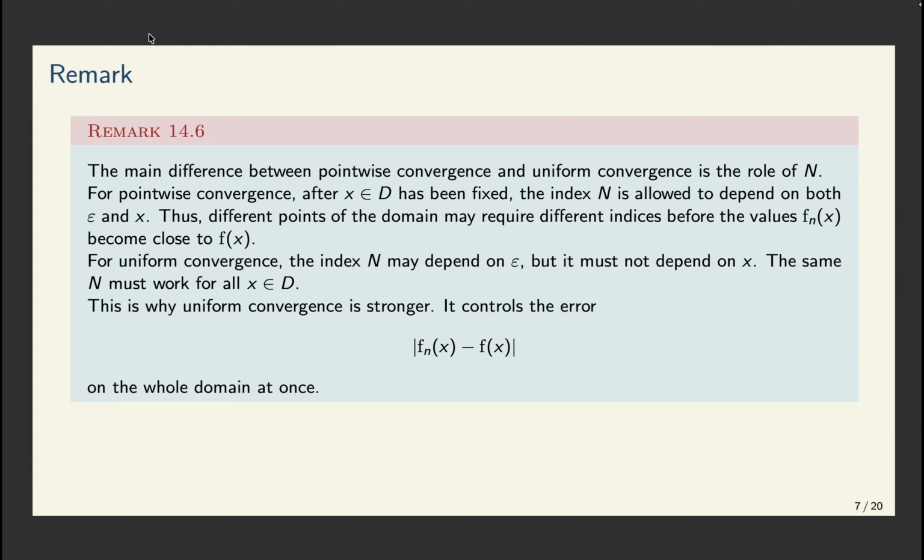Thus, different points of the domain may require different indices before the values of f_n(x) become close to f(x). For uniform convergence, the index n may depend on epsilon, but it must not depend on x. The same n must work for all x in D. Okay? So this is why uniform convergence is strong. It controls the error on the whole domain at once.